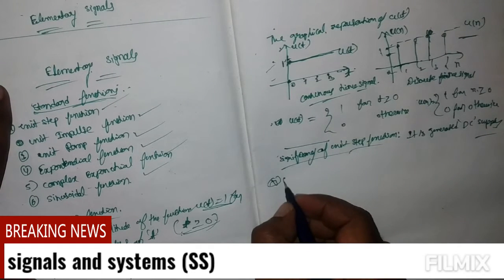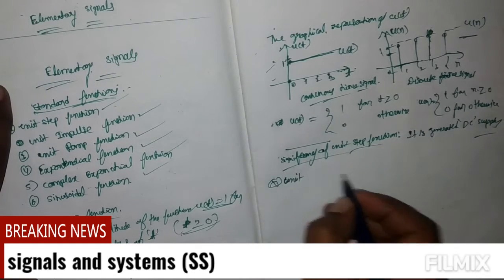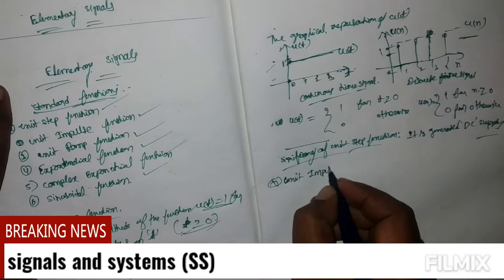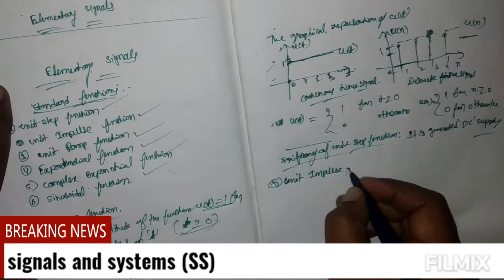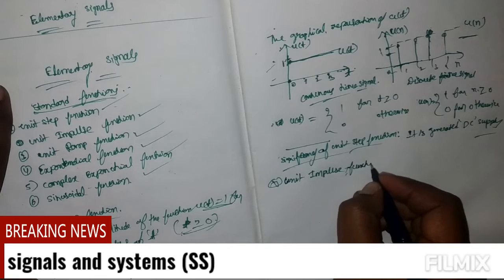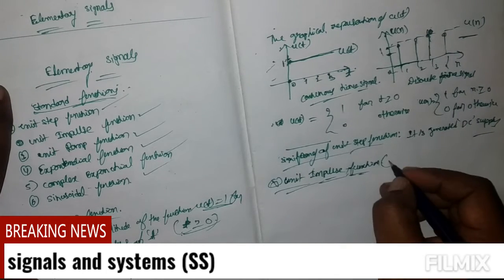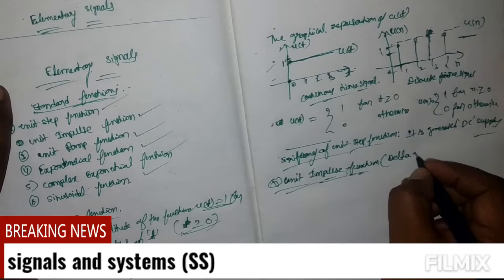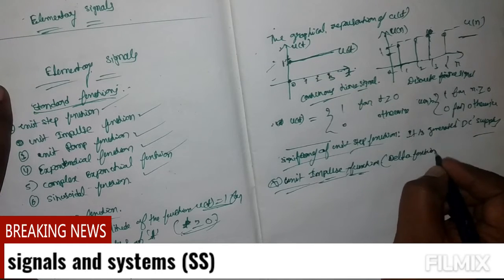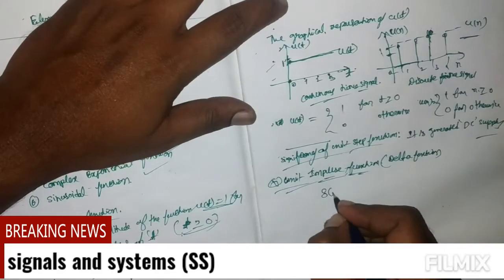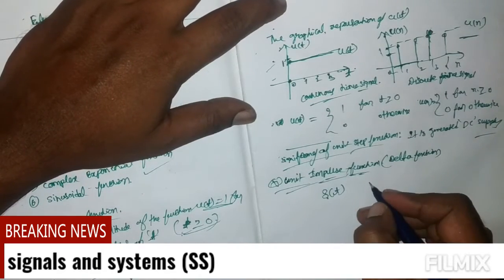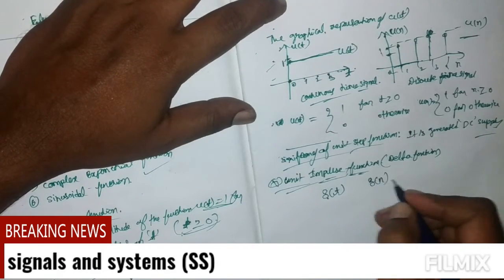Coming to the unit impulse function. It is also called a delta function. It is denoted by delta of t in continuous time signals and delta of n in discrete time signals.